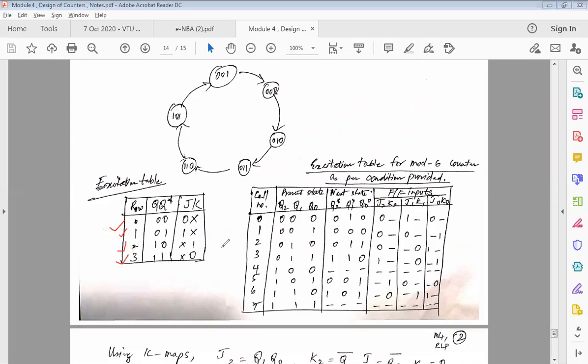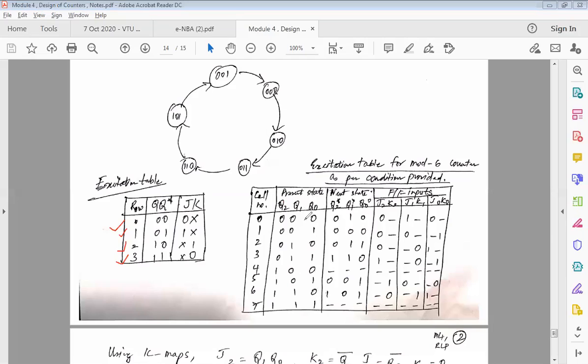As you all know, we have to take Q2, Q1, Q0, and this will be our normal order, which means 0, 1, 2, 3, 4, 5, 6, 7. And for the next state, I have to every time refer to my state diagram.